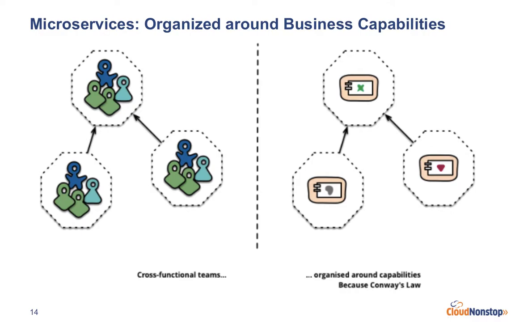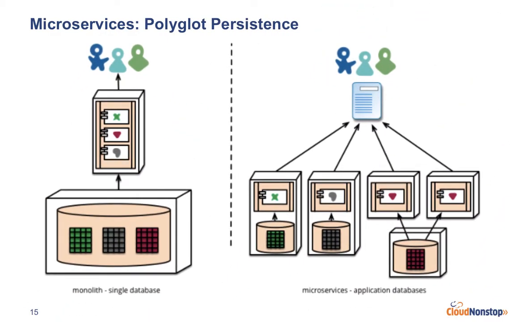So everyone who is required for developing and deploying that application would be assembled here. And they all know everything there is to know about that particular business capability. So arguably, that leads to better results. And that's one of the presumptions of the microservices pattern.